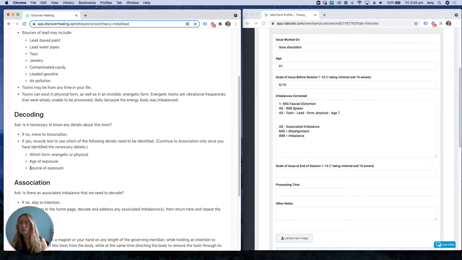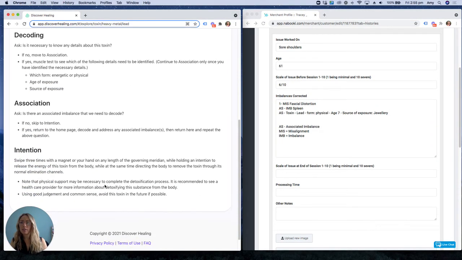Okay, so the source of exposure for Tracy was jewelry. And we have an associated imbalance.